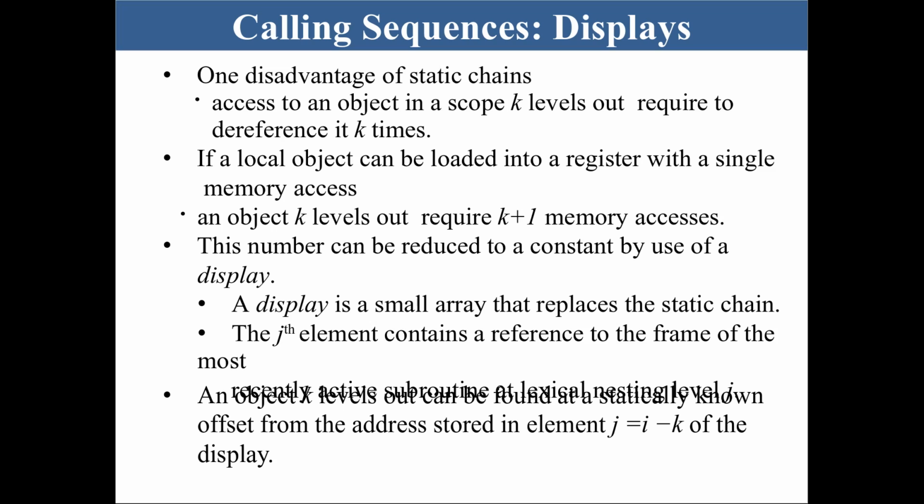The cost of maintaining a display in the subroutine calling sequence is slightly higher than that of maintaining a static chain, but the cost of dereferencing the static chain can be reduced by caching the links in registers when appropriate. However, displays are less common today as subroutine nesting is not allowed in many languages.